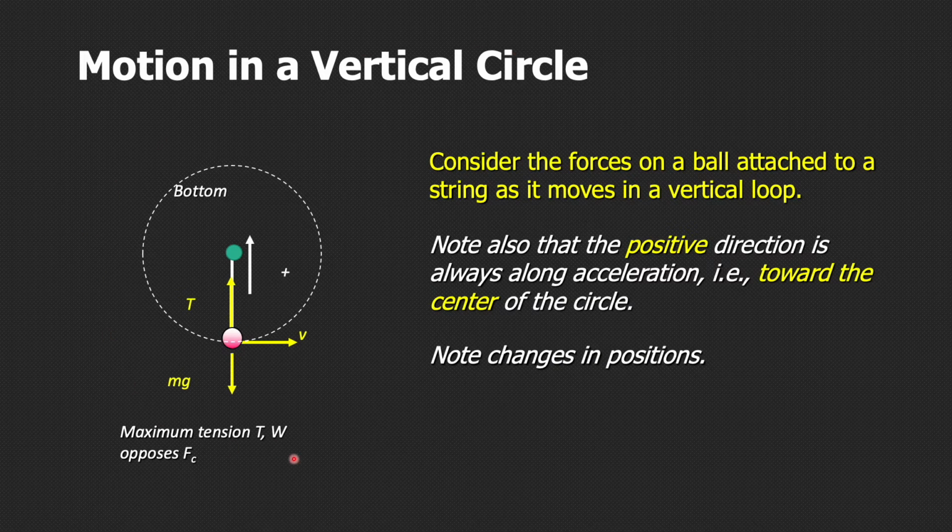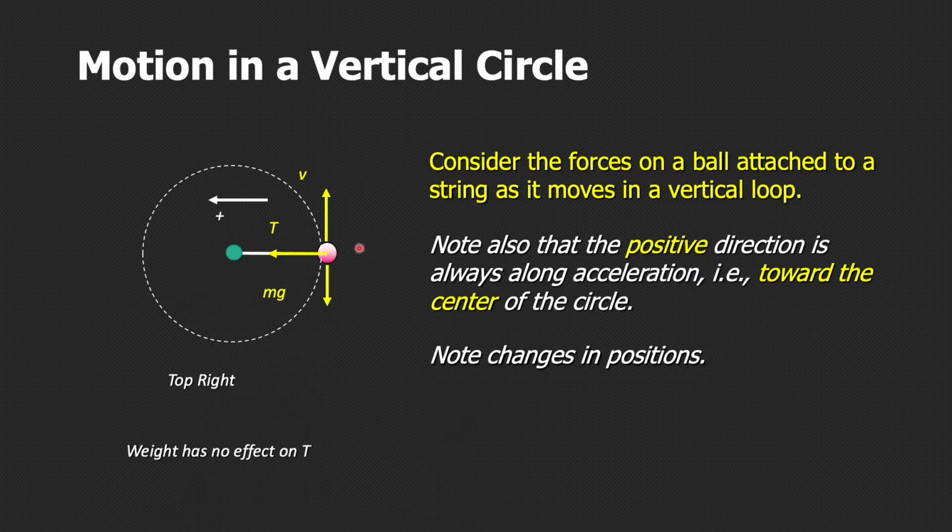Now here, if the ball is at the bottom of the circle, the string experiences maximum tension, since the weight, the mg here, opposes the centripetal force. Now if the ball is here, the weight has no effect on the tension, since they are on different axes.